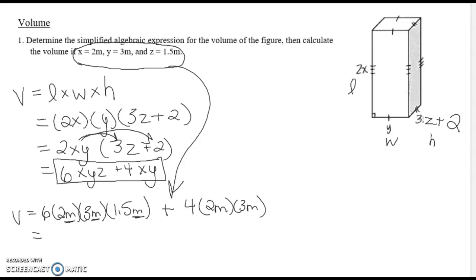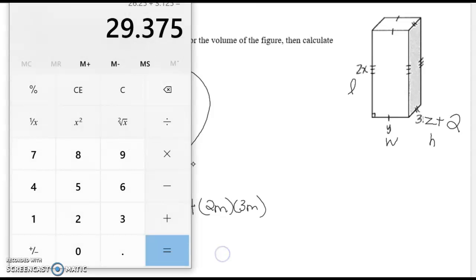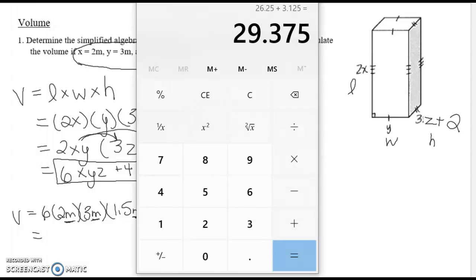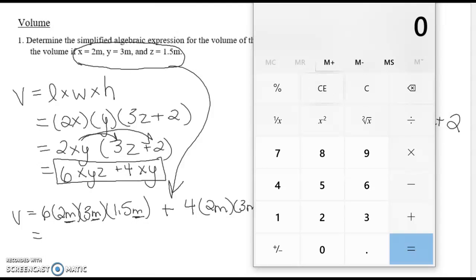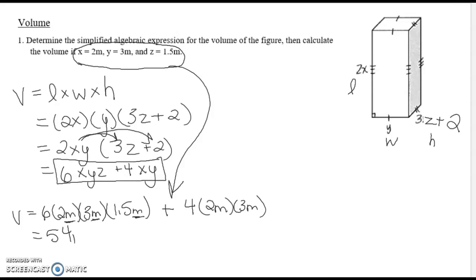All right. So 6 times 2 is 12. Let's multiply it all together so you can see what I'm doing here. 6 times 2 times 3 times 1.5 equals 54 meters.